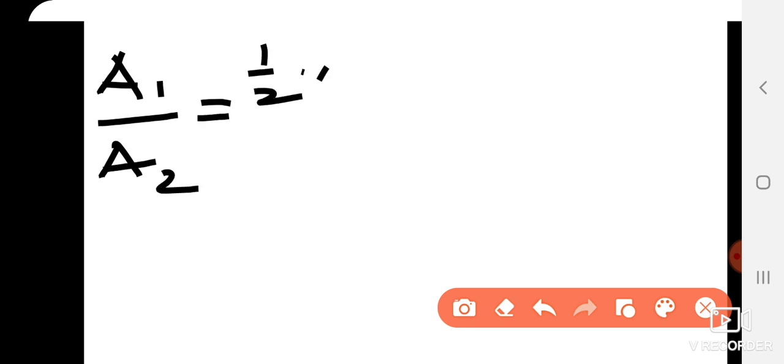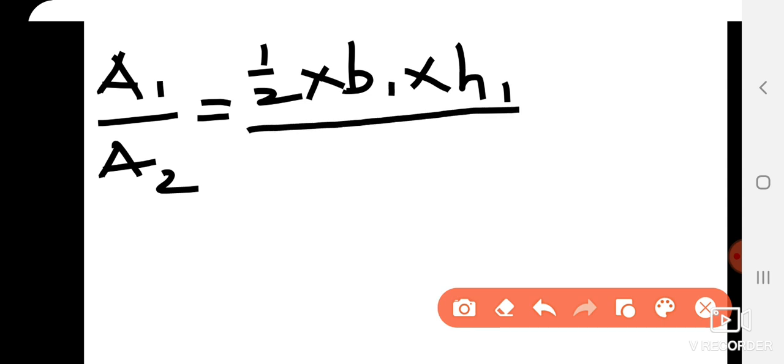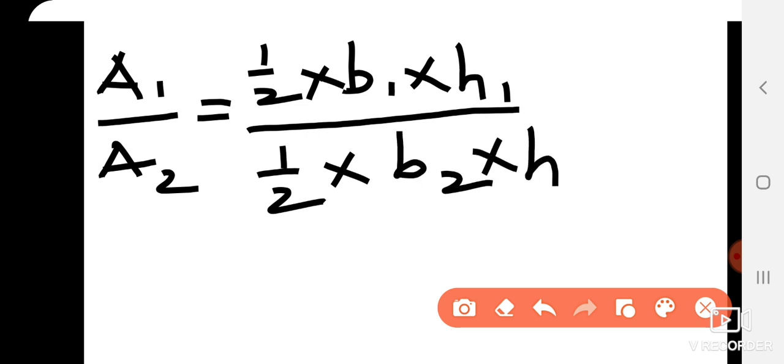Since we are talking about the ratio, we will write it as A1 upon A2 is equal to half into B1 into H1, where B1 and H1 represent the base and height of the first triangle, and the area of the second triangle is half into B2 into H2.